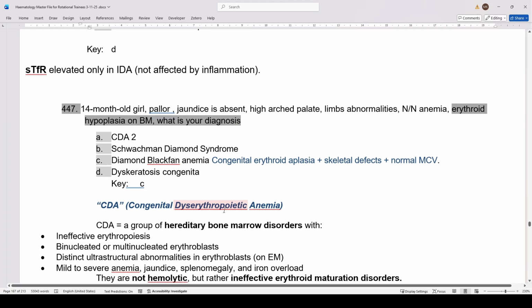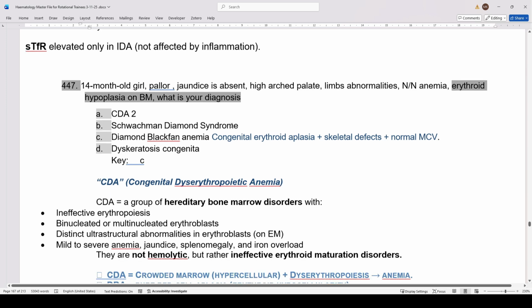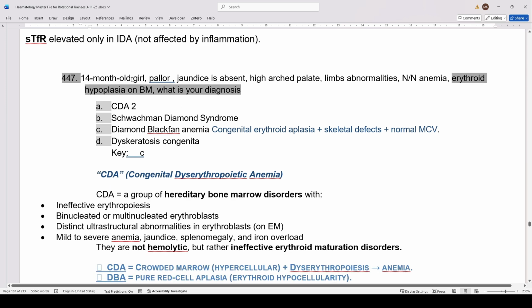Next is a 14-month girl presented with pallor, jaundice is absent. High arch palate, limb abnormalities, so anomalies are here. Normocytic, normochromic anemia, erythroid hypoplasia on bone marrow, so some bone marrow failure thing is here. What is your diagnosis? Okay, so she is a 14 months old girl.